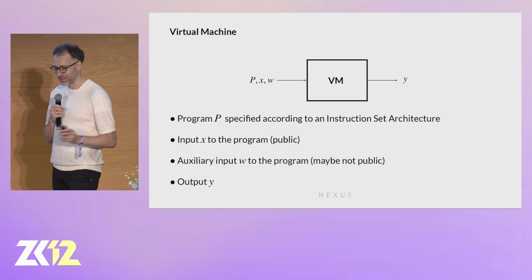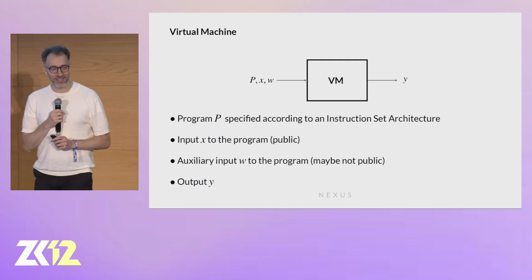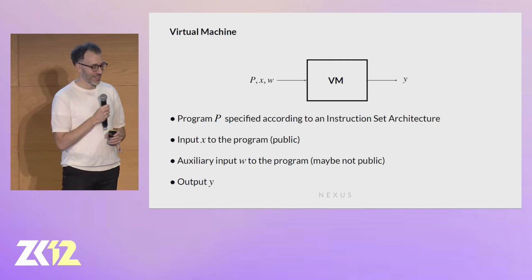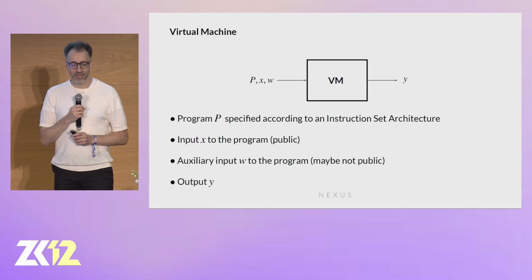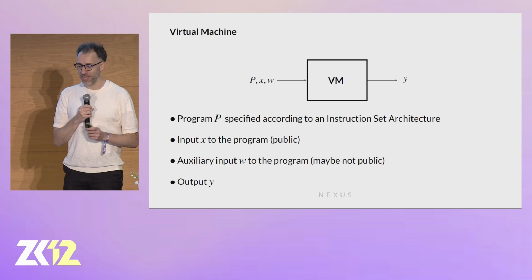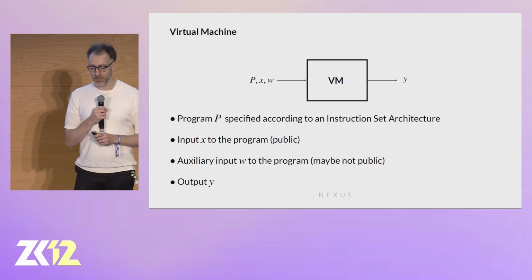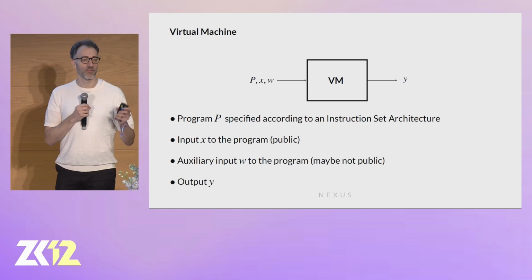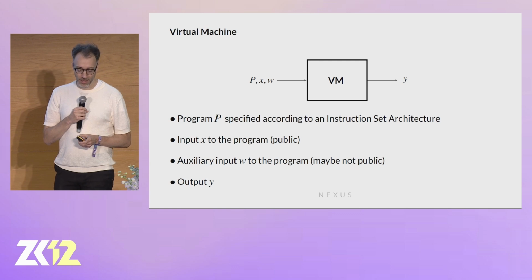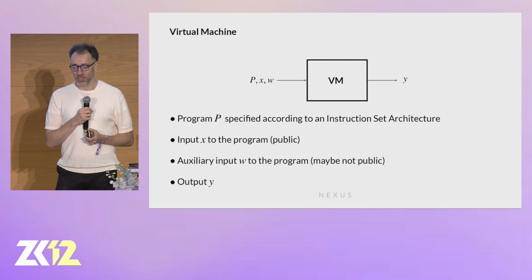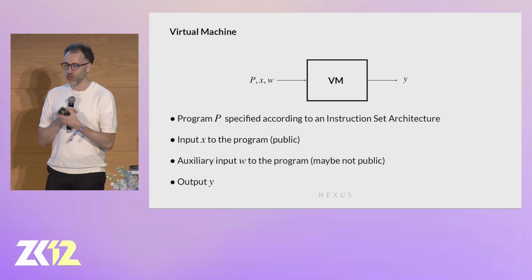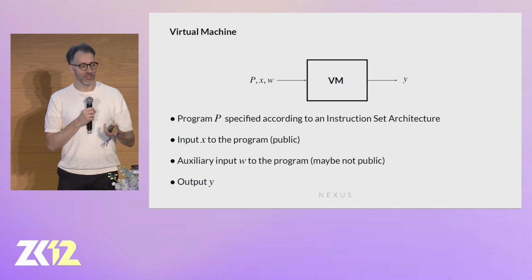So let's start without the ZK. A virtual machine is a machine that can take as input a program, an explicit input X, and another input W, and then it outputs some result. And the question we are asking ourselves when we're building zkVMs is, how do we know that this output Y is actually true?